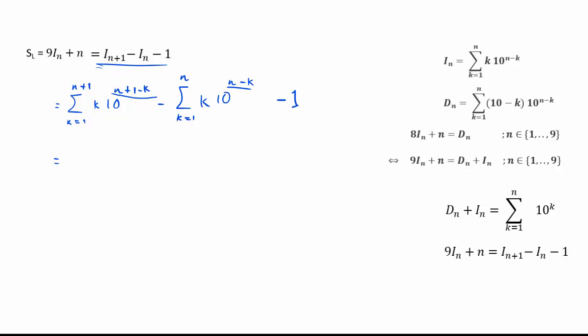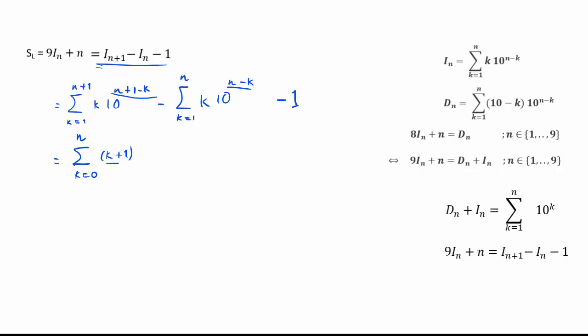variable. But here no need to write a table, we can do it right away. Here we need to start from 0. So we need to decrement k with 1. So it becomes from k equals 0 to n. But to make the balance inside sigma, k has to be incremented by 1. So instead of k, we write k plus 1. And if you're still unsure of this, just try to substitute k equals 0 here.